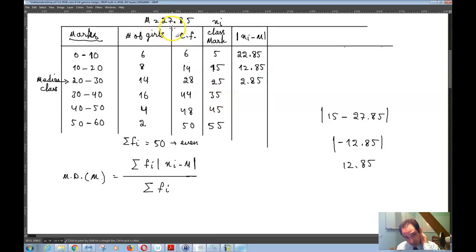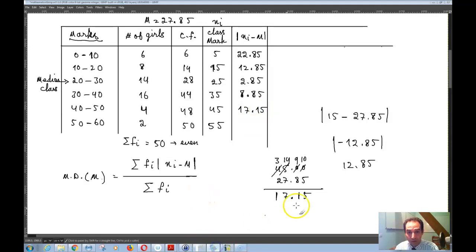35 minus 27.85 is 7.15... no, 8.85 as used here. 45 minus 27.85 is 17.15; checking that with the calculator, 45 minus 27.85 is 17.15.